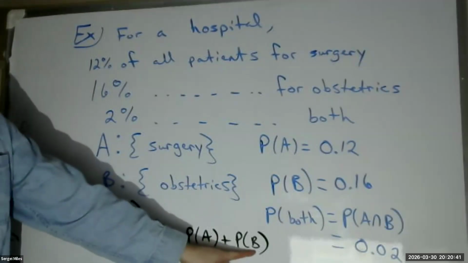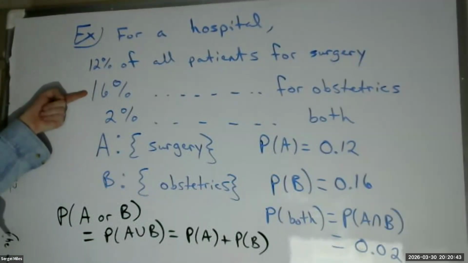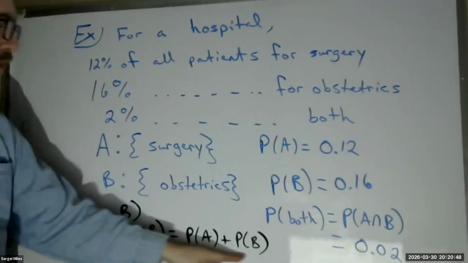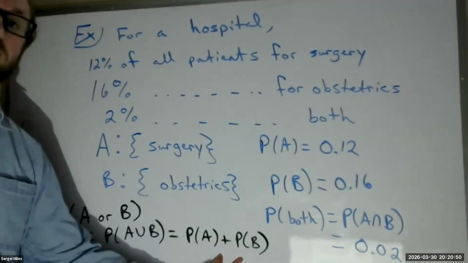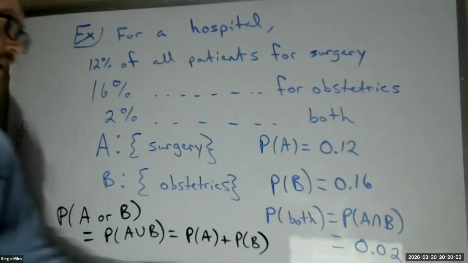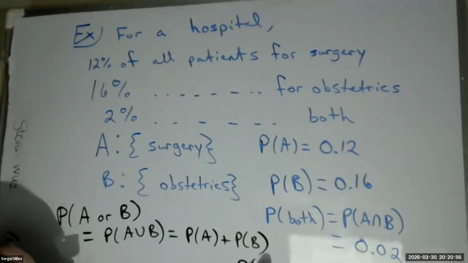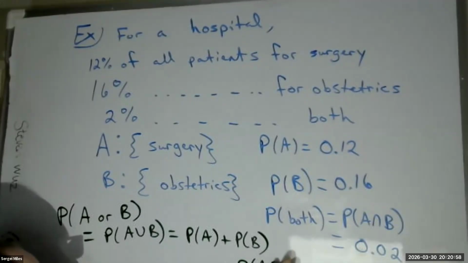But same argument, some people here for obstetrics may also be here to get surgery during their stay. So there's some overlap here that I might be double counting, where their intersection is double counted. So we have to subtract their intersection, or in other words, subtract where they overlap, subtract the both.